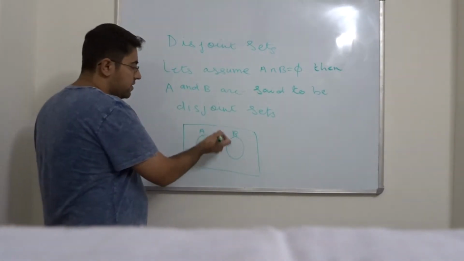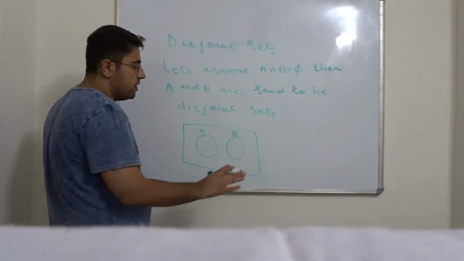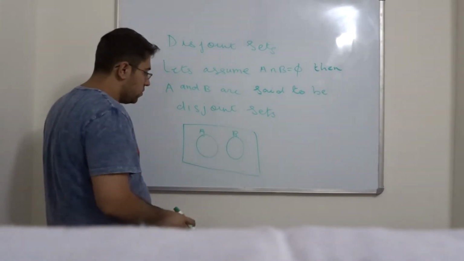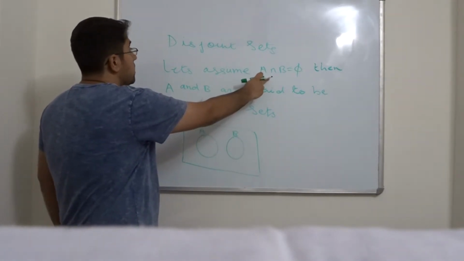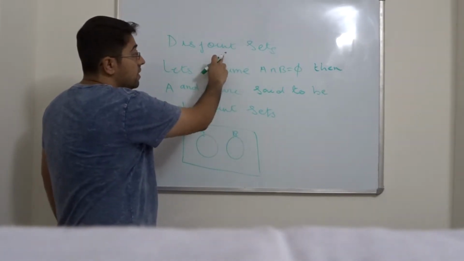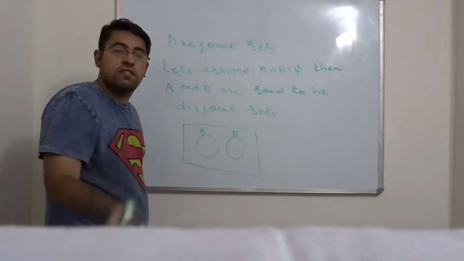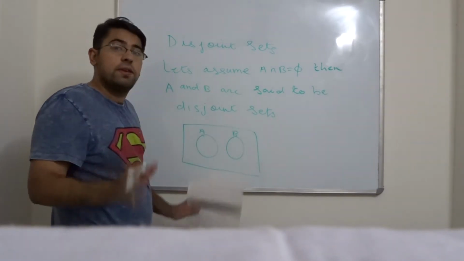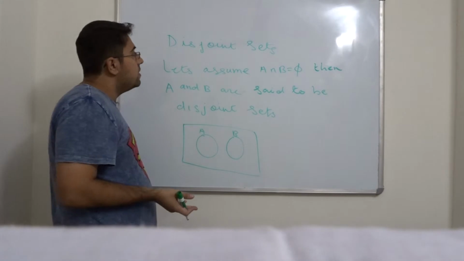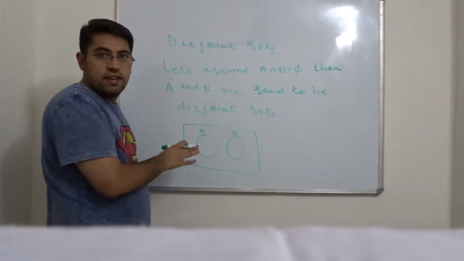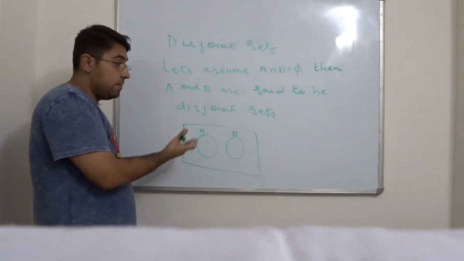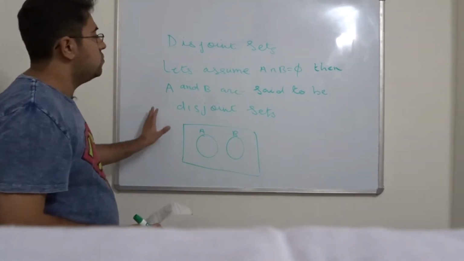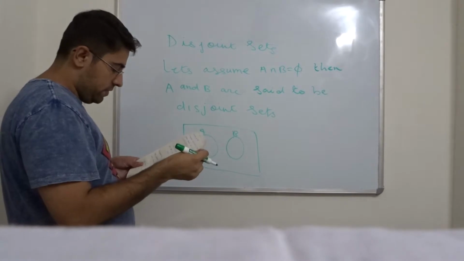That there is no intersection at all. In disjoint sets, the intersection is a null set, meaning it's an empty set. So a disjoint set is an example of an empty set. So you see, you've got another example here. This is what a disjoint set is. This is all it is.